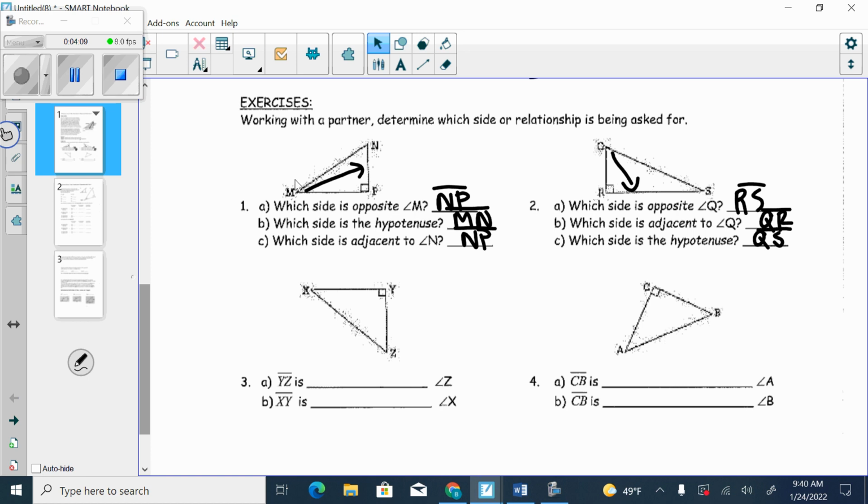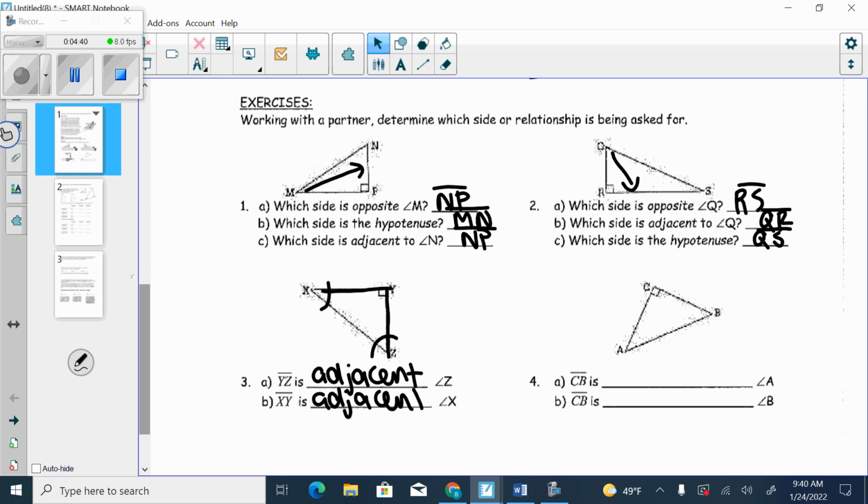On these next ones, you are telling me whether they are opposite or adjacent. We're looking at side YZ. Is it opposite or adjacent to angle Z? Adjacent. Good. Side XY is what to angle X? Also adjacent.